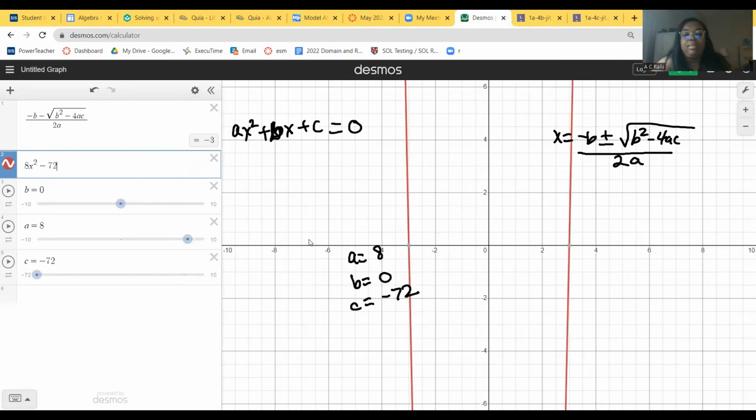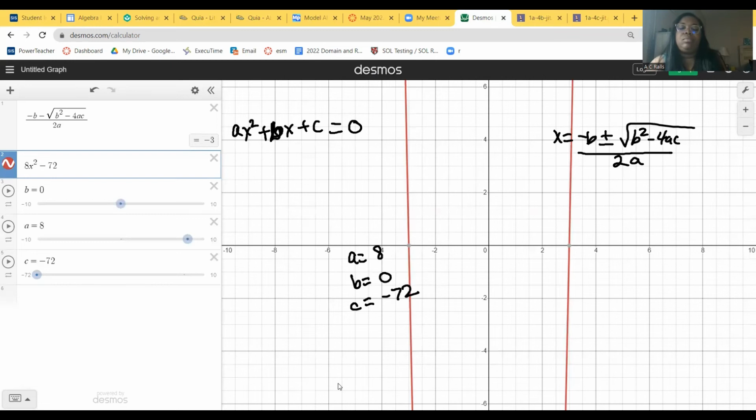We could have graphed it and then looked at the intercepts. Negative 3 is an intercept, and 3 is an intercept. You're specifically looking at the x-intercepts. So when you're using quadratics, you want to be careful to note exactly the intercepts.